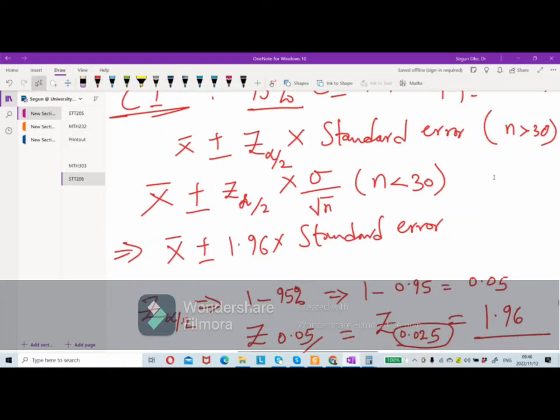If your n is greater than 30, that is when. But if n is less than 30, you have X bar plus or minus 1.96 multiplied by standard deviation divided by square root of n. This is n less than 30, and this is n greater than 30.